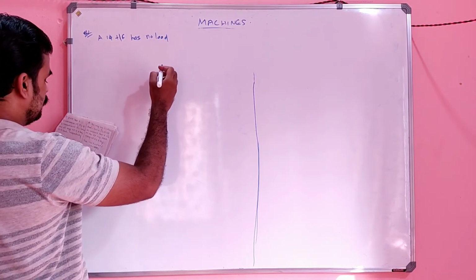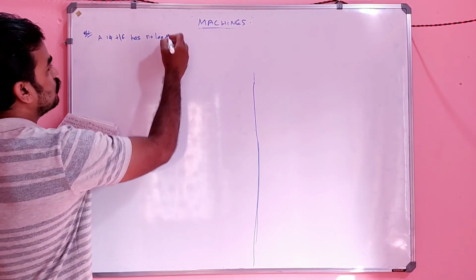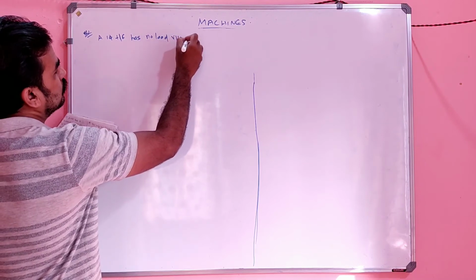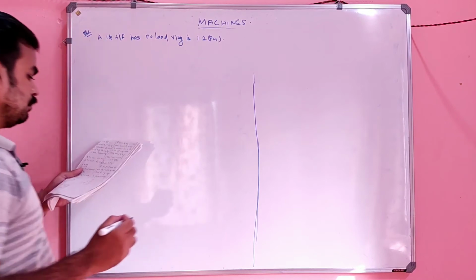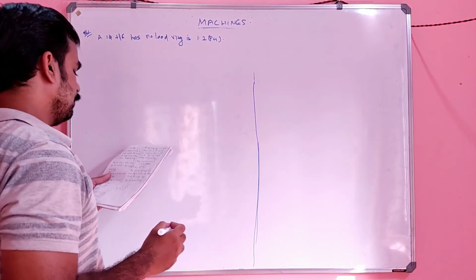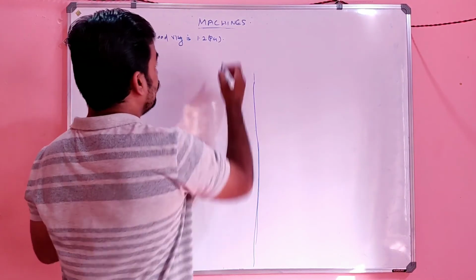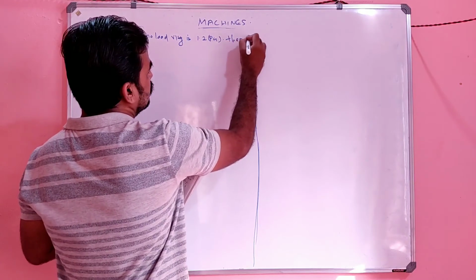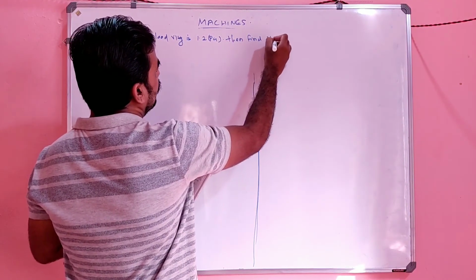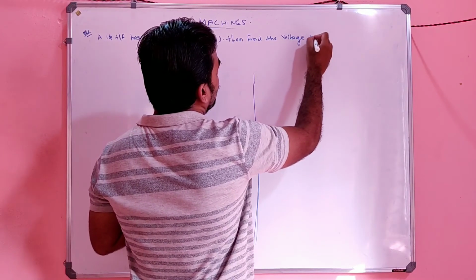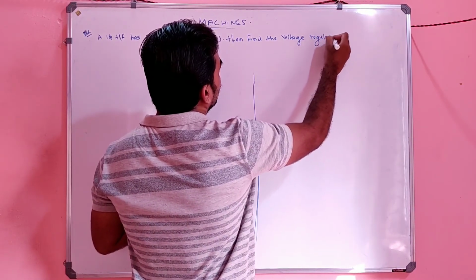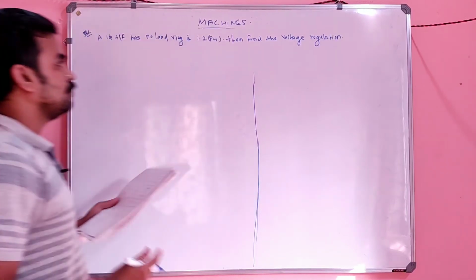The no load voltage is 1.2 per unit, and find the voltage regulation.